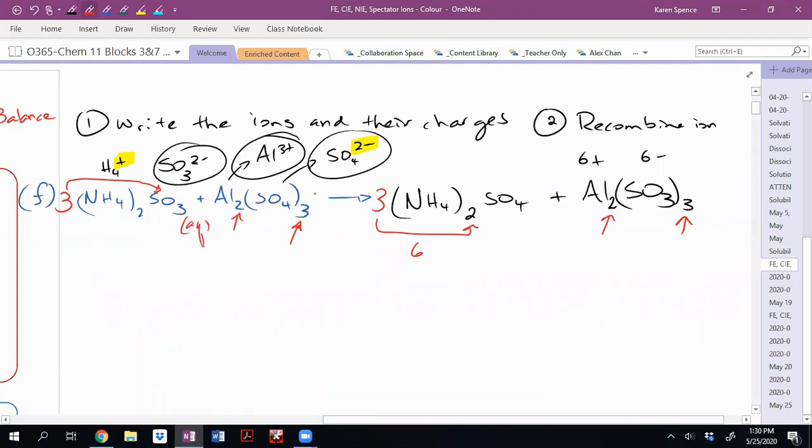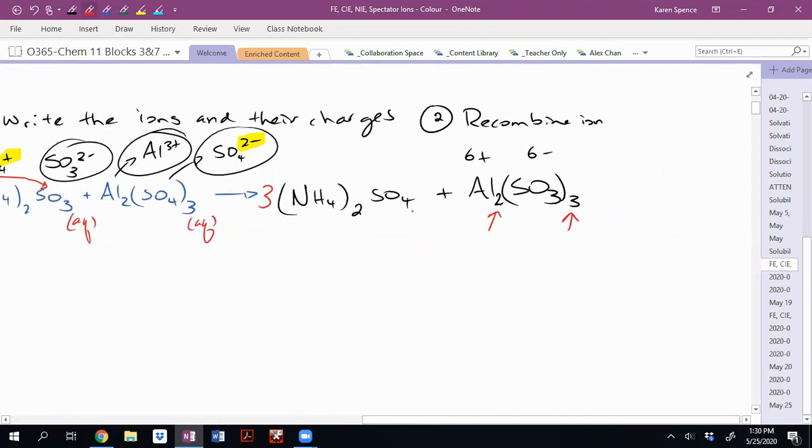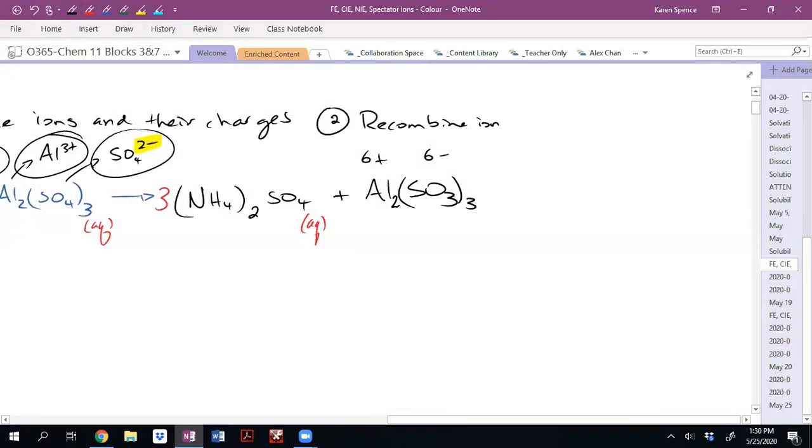Aluminum sulfate, I told you that I'm always going to give you soluble reactants, so it's going to be aqueous, even though I might have to look that one up. Ammonium is soluble with everything, so this will be aqueous. And I happen to know that sulfite is soluble with very, very few things other than our alkali ions and ammonium and hydrogen. And so it is going to be a solid.